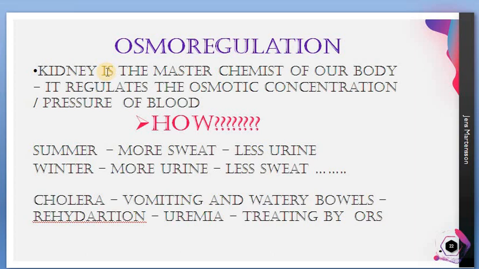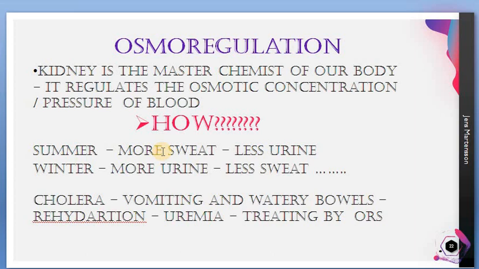Now, how is the kidney maintaining this osmotic concentration of blood? There are two major functions that you have studied already in the skin lesson. During summer, we sweat more, we perspire more, and we eliminate only a very little amount of water through urine. As most of the water goes out through the largest organ of our body, the skin, the kidney reduces the amount of micturition.